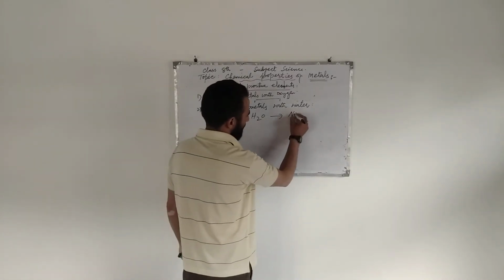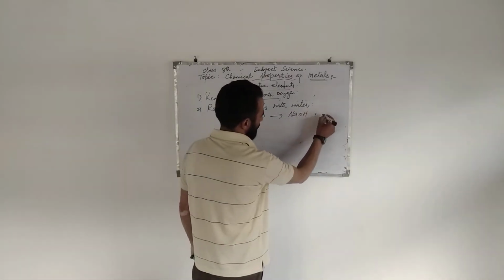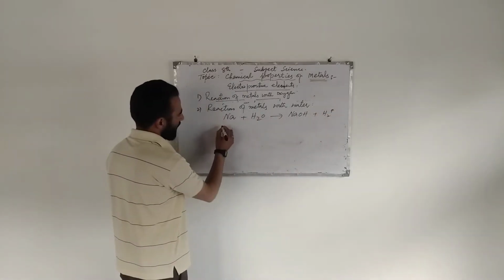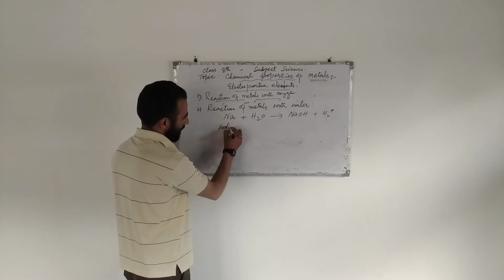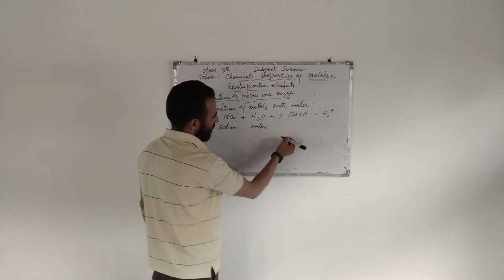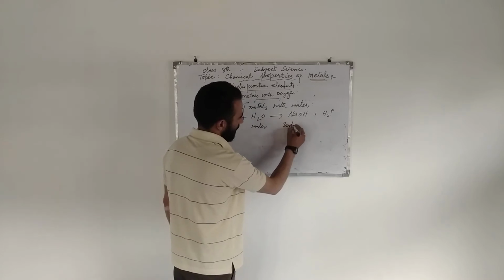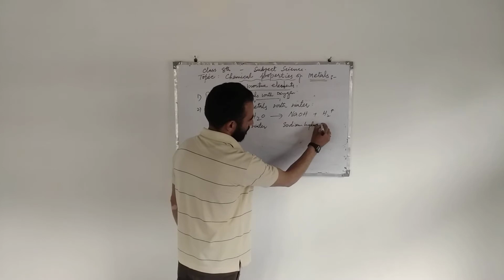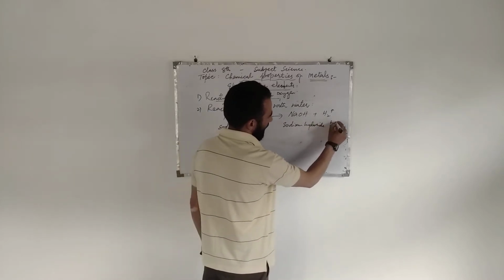Sodium hydroxide plus hydrogen gas. So sodium as a metal combines with water and forms sodium hydroxide and hydrogen gas.